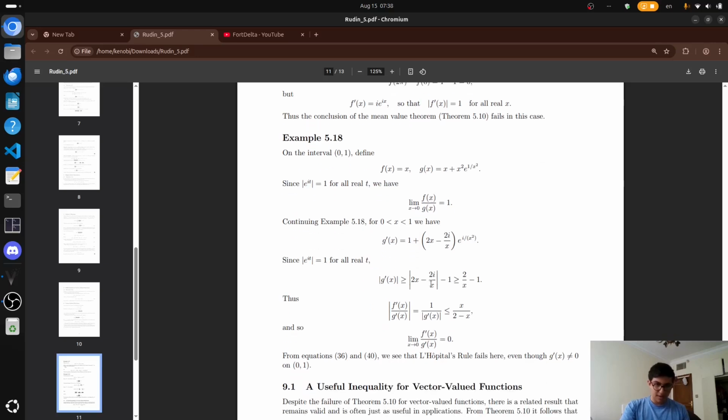Now, g'(x) is equal to this if you differentiate, and you can use the triangle inequality here to show that the absolute value of g'(x) is greater than 2x minus 2i over x minus 1, which is greater than 2 over x minus 1. Again, by the triangle inequality.